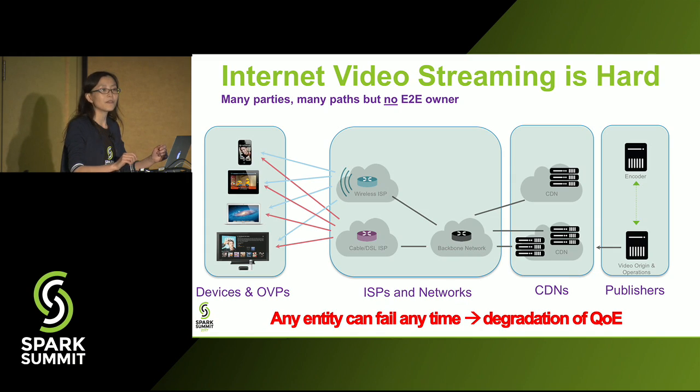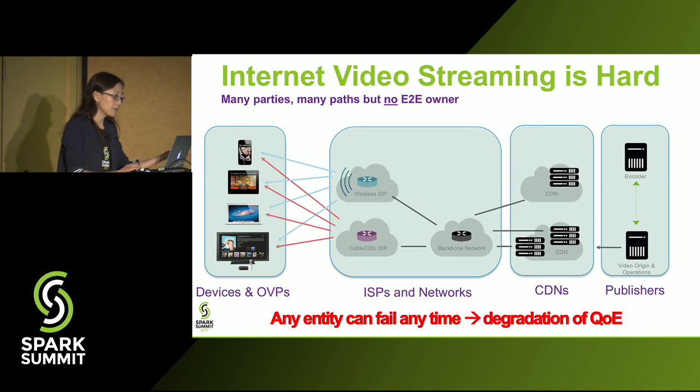But it is still very difficult to guarantee successful end-to-end streaming. This graph shows a very typical streaming pipeline. Actually, this is a simplified version because we didn't put in entities such as the DRM, the CMS, or the ad servers.